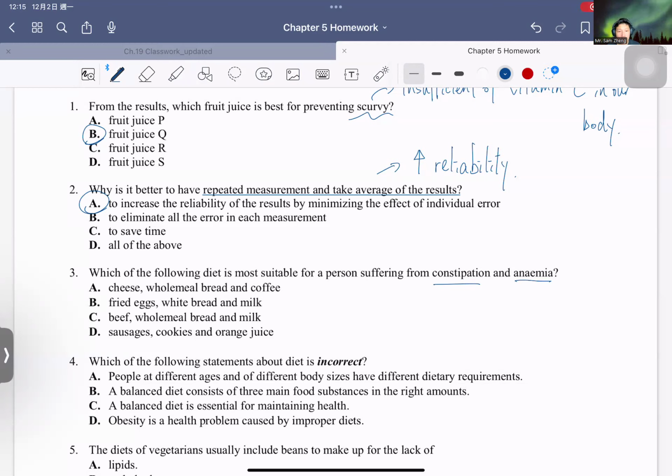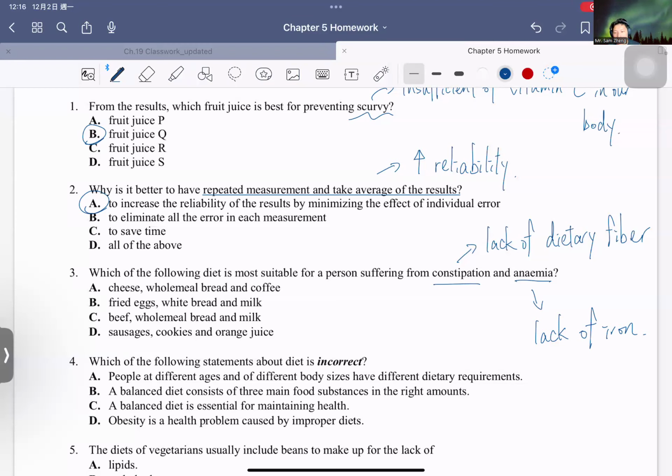So in this case, constipation means that there is a lack of dietary fiber. For the other one, anemia, it is a lack of iron. Then in this case, we need to think of any food that is rich in these two things.